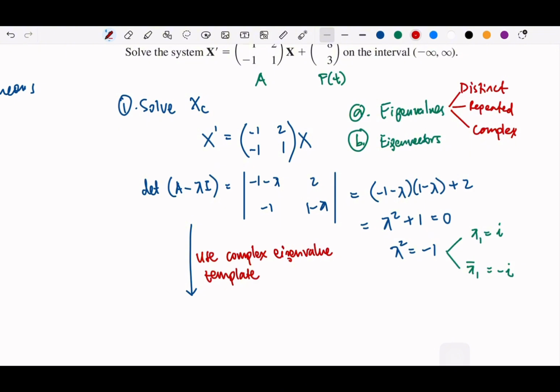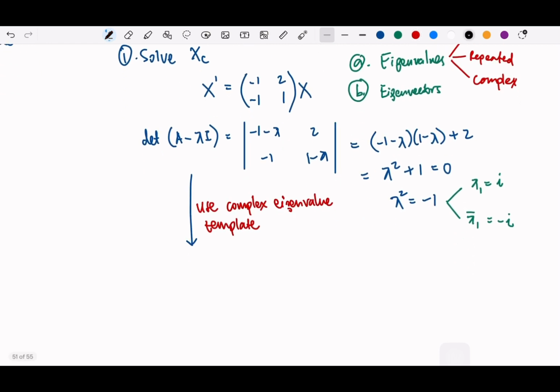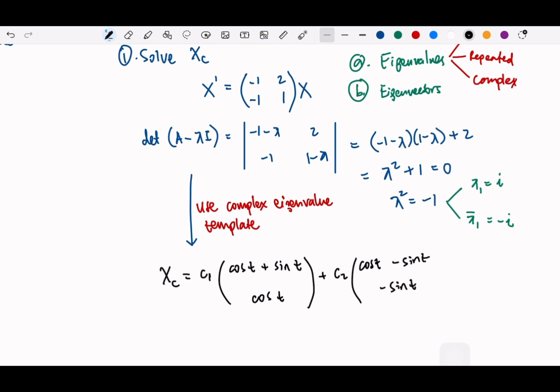So alpha is 0 and beta is 1. Then we can write down the xc: c1 times (cos t plus sin t, cos t), plus c2 times (cos t minus sin t, minus sin t). Okay.